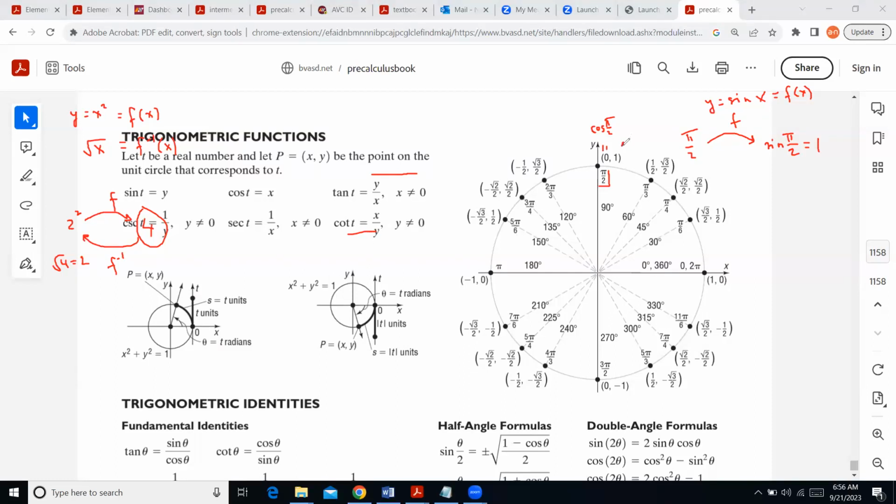And the sine will be the y coordinate, which is 1. So we got this value. Right, for a 90 degree angle, the point is here, and the y coordinate of this point is 1 because it's a point on this unit circle, a circle with radius 1. So the inverse function has to return us back.